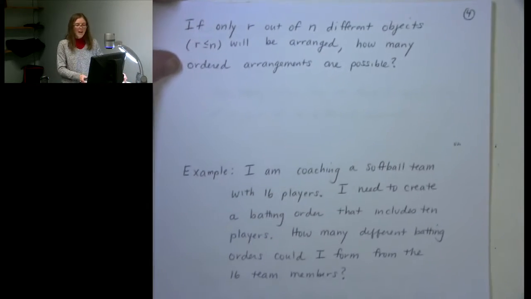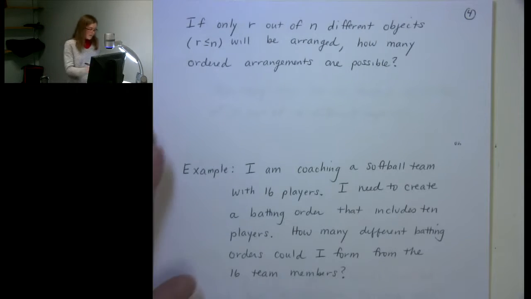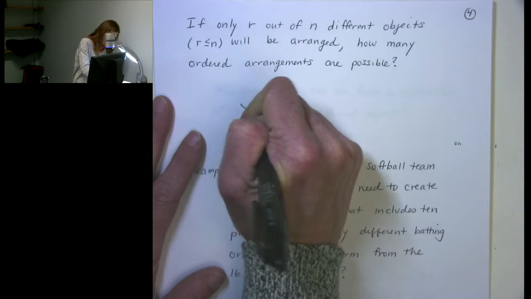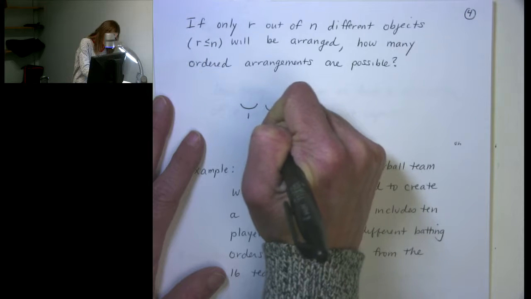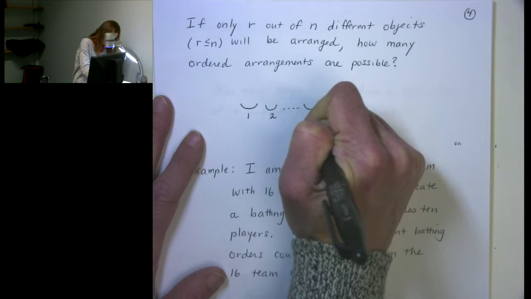If instead of arranging all n of the objects, I wanted to just take some of the objects and arrange them, I want to think about how many ways I could arrange r out of the n objects when r is a smaller number, or at least not more than the total number of objects. In this case, I'm going to be choosing r objects. So I've got 1, 2, 3 up through the rth slot to fill.